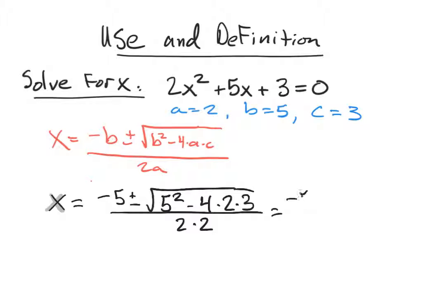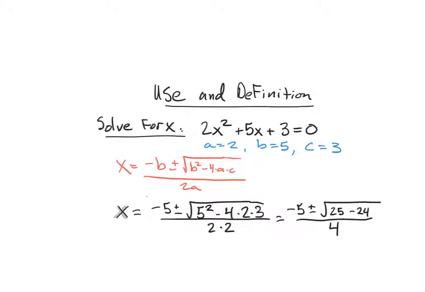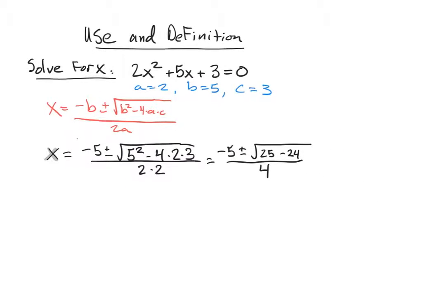So that's negative 5 plus or minus the square root of 5 times 5 is 25, 4 times 2 is 8, 8 times 3 is 24, and 2 times 2 is 4, giving us a 4 in the denominator. So I'm going to need to move down a little bit here, maybe scrunch this in, move it up. All right, so then we should be able to simplify that.